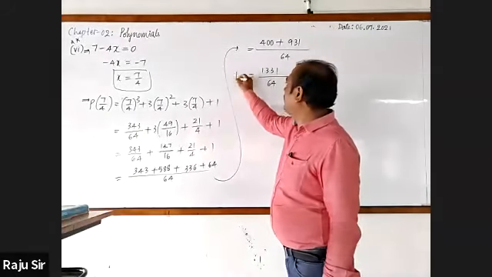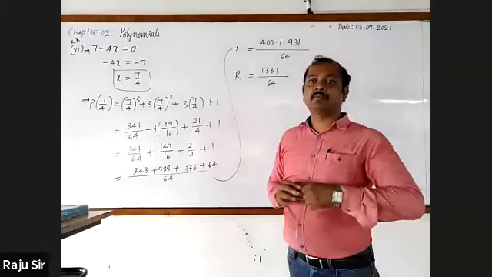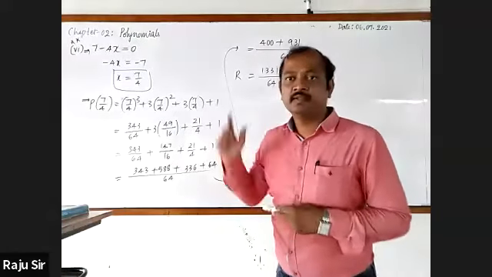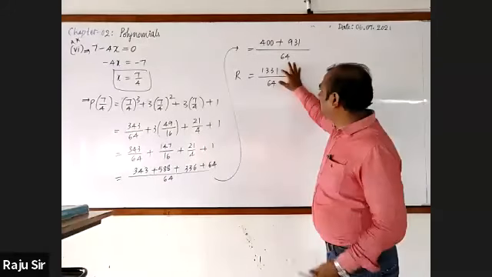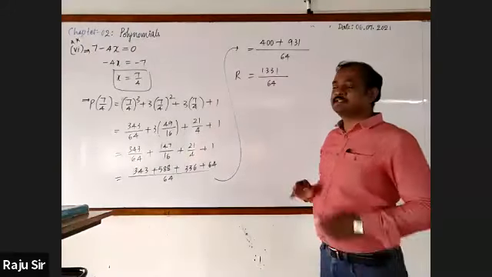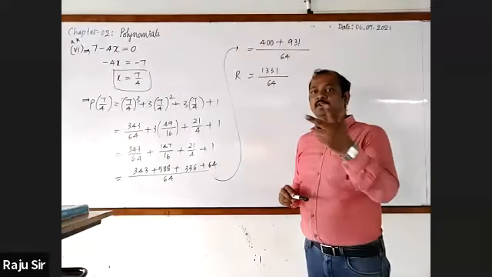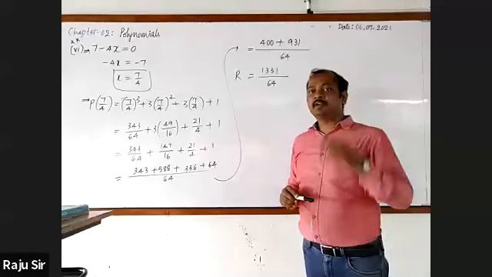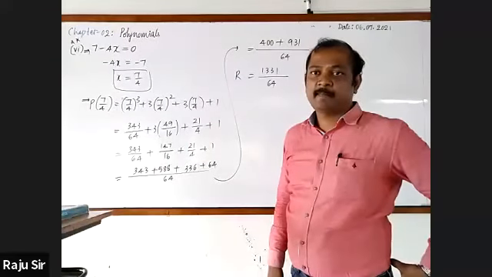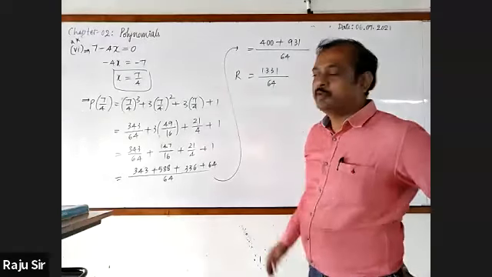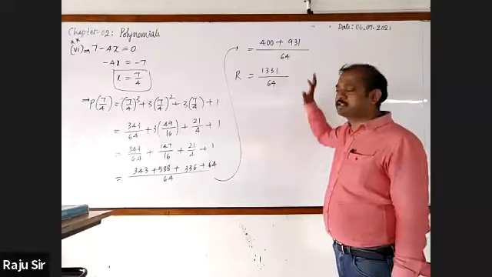Dear students, just stop writing and observe the value. Gaurav, just observe. Here we have 1331 and 64. These two are really interesting numbers. You can recall a concept behind that. What do you say by observing these two numbers?